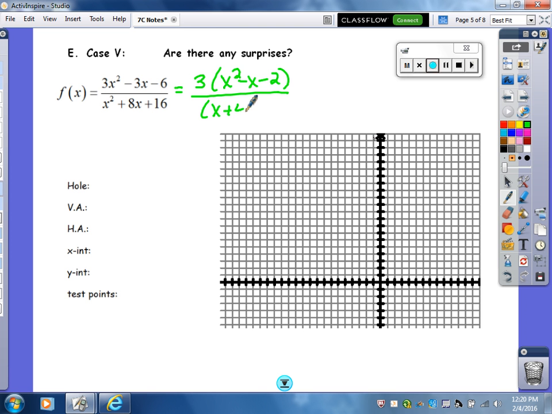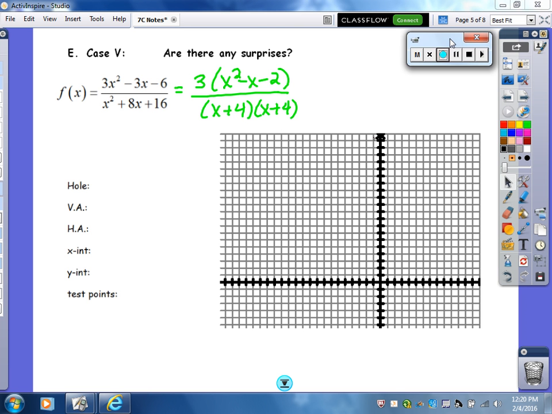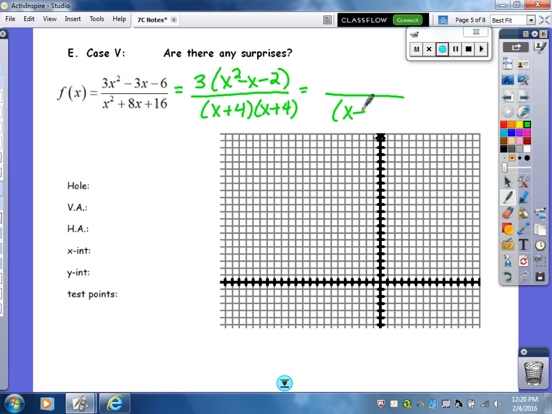It's going to be x plus 4, x plus 4. Notice this is a perfect square trinomial. That's what's making that weird stuff go on in this one. So you've got to learn to recognize, okay, when you have a perfect square trinomial, the same factor twice in the denominator, that's where one side of it is going to have that interesting little jump across the asymptote and jump back up.